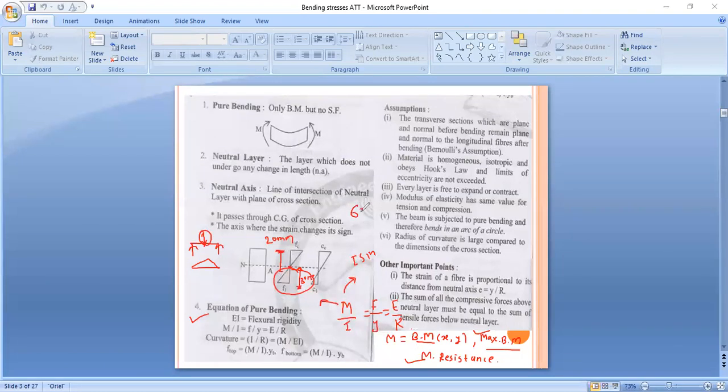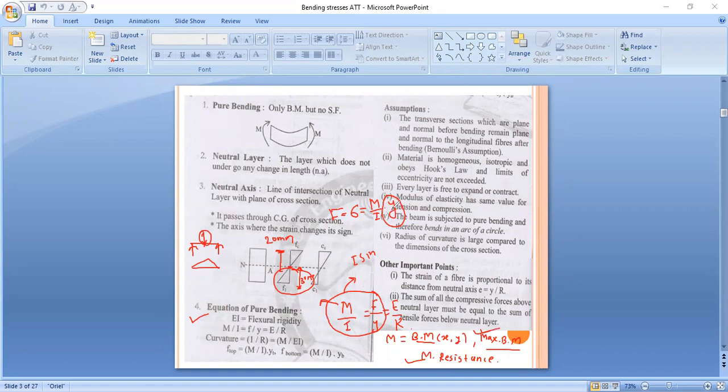So our formula is sigma, or F, which is equal to M upon I into Y. Now I have considered these two terms. When this Y distance is the maximum of these two, then this is called maximum bending moment.